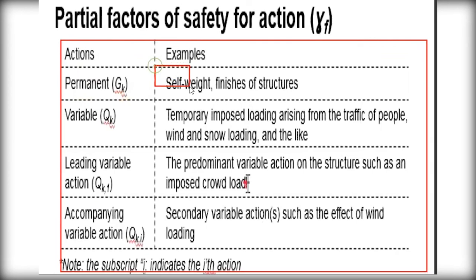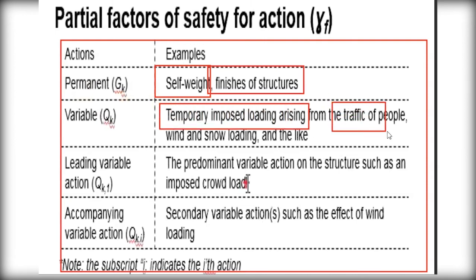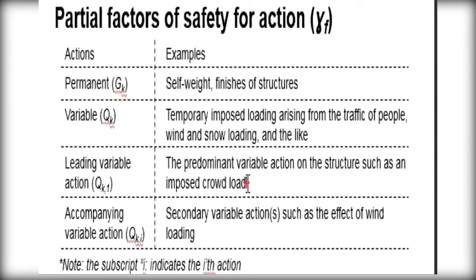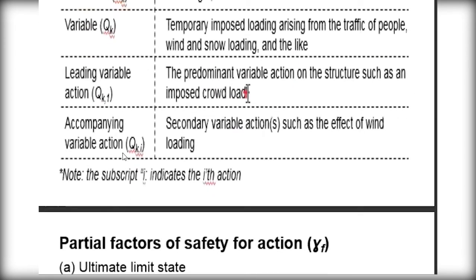The permanent load is like self-weight, the finishes, whatever. The variable or temporary load is like an imposed load, like traffic of people, wind, snow, etc. These are not permanent loads. So this is important to understand.